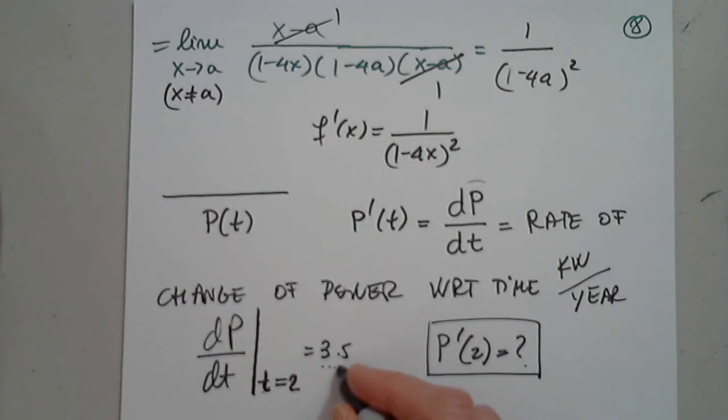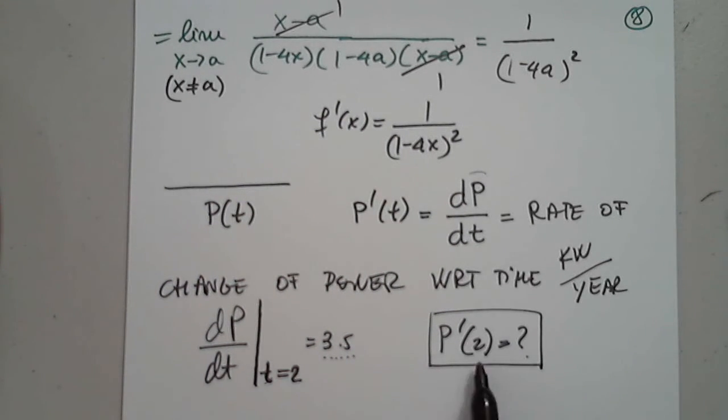So now they should put the measurement unit here. They didn't. Oh, I'm sorry, I forgot to stop sharing. Sorry about that. Okay, so these are the same. So dP/dt is the derivative evaluated when time is 2 years, 2 years since January 1st, 2020.